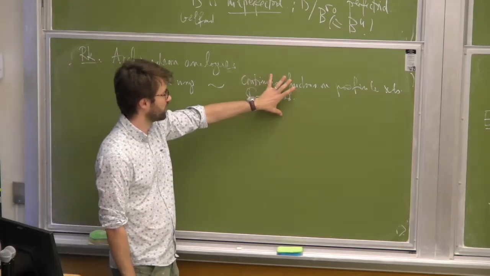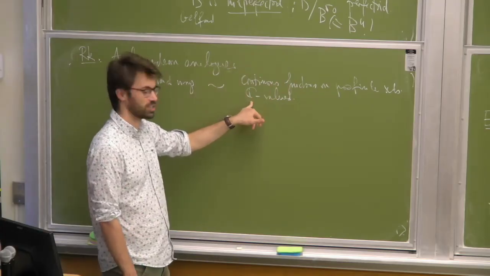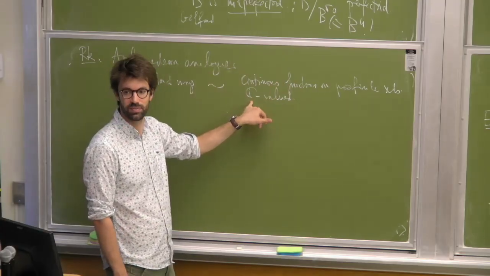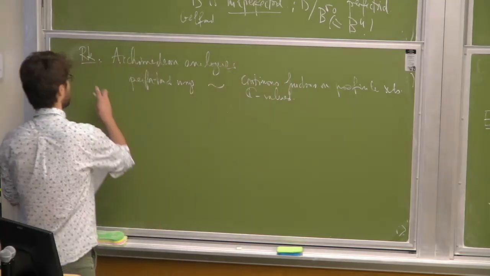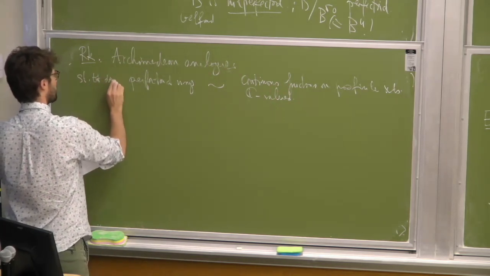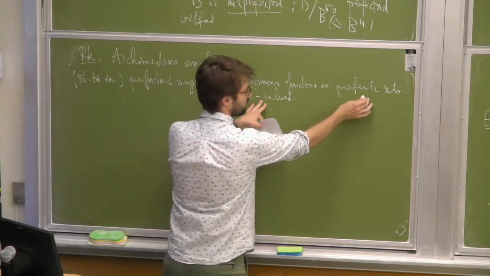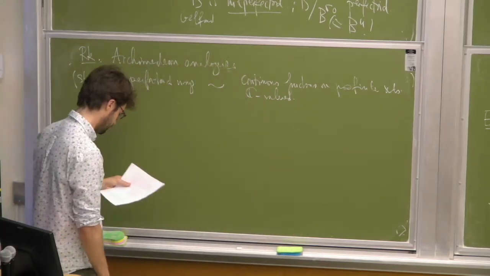Over C, by Gelfand-Mazur, you have only one possibility for the residue field: it must be C. So the correct analog is the strictly totally disconnected perfectoid ring, which we can always reduce to for the arc topology. They are really supposed to be analogs.